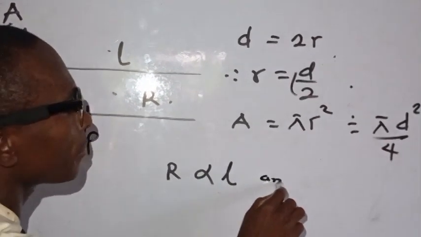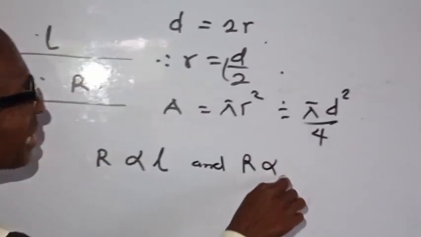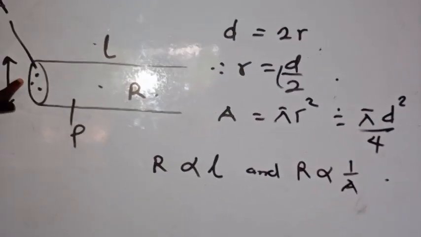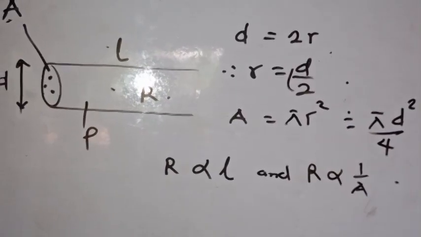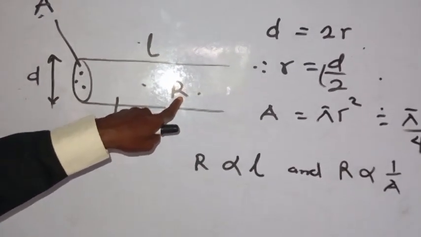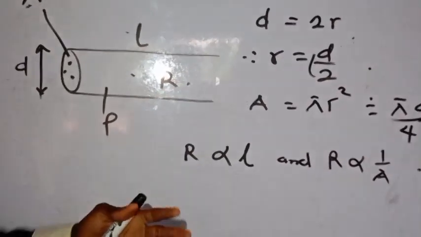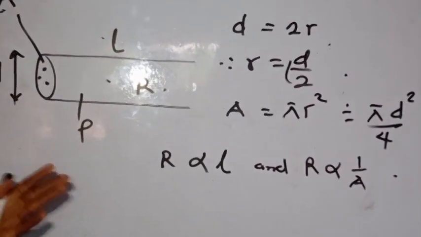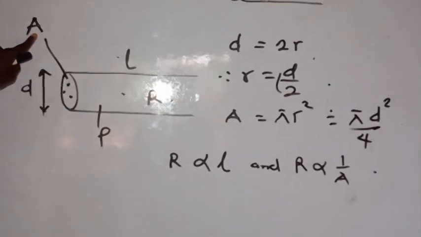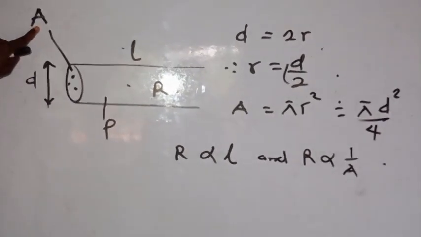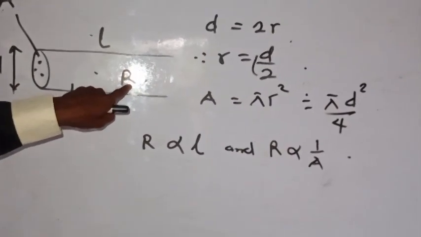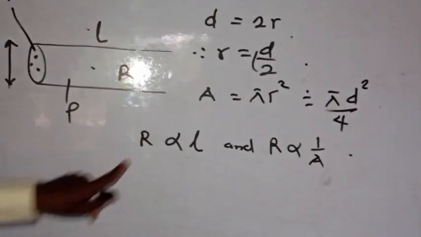At the same time, the resistance varies inversely as the cross-sectional area. So meaning that the resistance of the wire decreases when the wire becomes thicker. When the wire becomes thick, the area increases, so the resistance decreases, while the resistance increases with length. Look at it, that is why it's this.